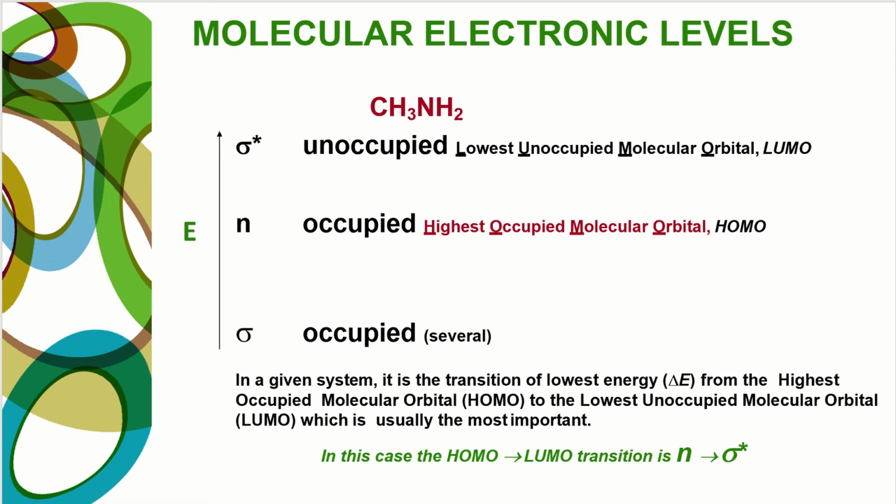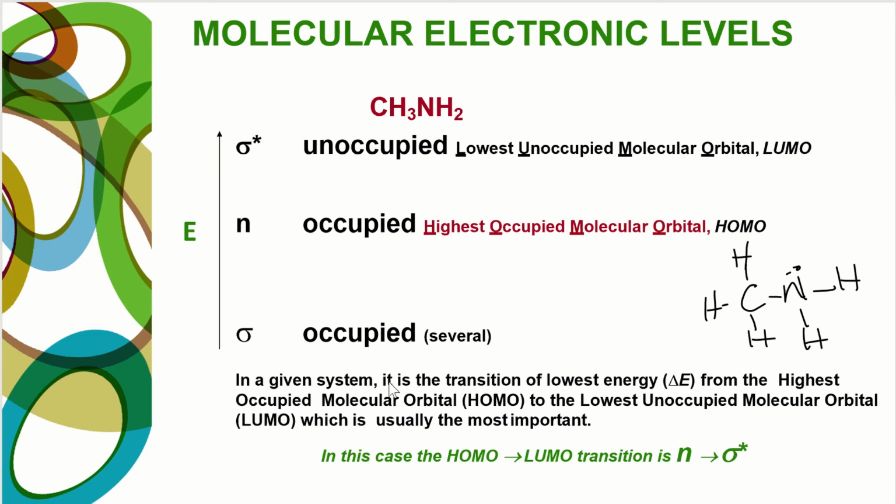And if we just draw out the structure here to identify the types of bonds that we have, we will see that we have sigma bonds and we have non-bonding electrons, right? So that therefore means that in the case of HOMO to LUMO for this particular compound, the transition would be from n to sigma star.